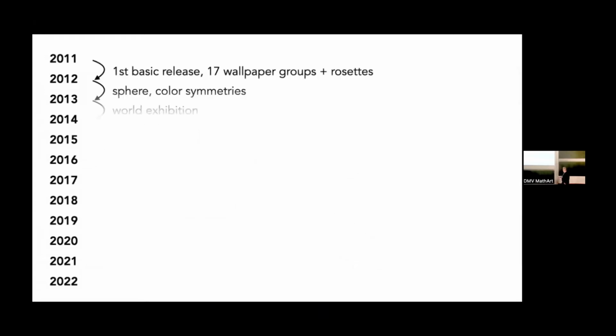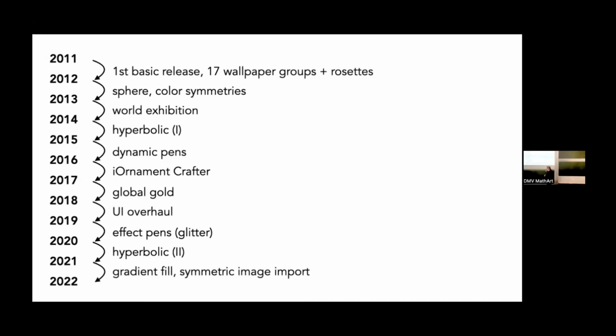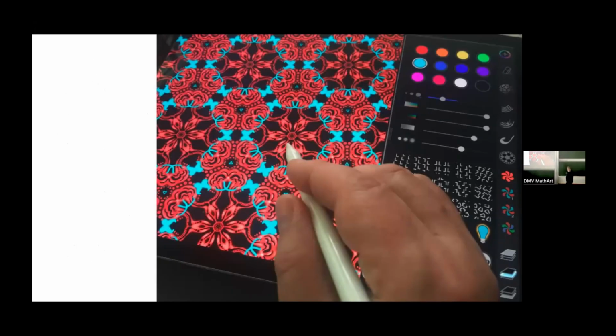Just a little timeline. I started the entire project a bit more than 10 years ago. My personal goal is to have one big step ahead every year. So every year I take a few weeks off and try to do one big feature. But what do you actually have to do? You have your Apple Pencil and you draw, but actually you're processing data.